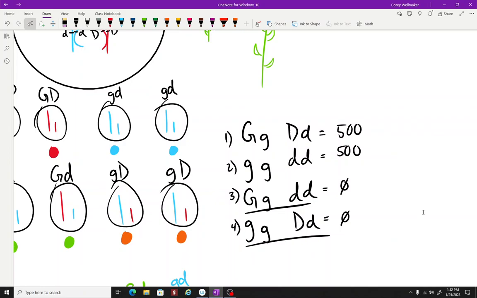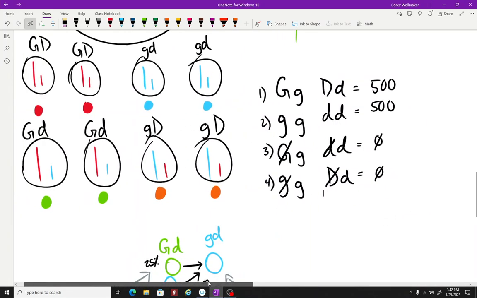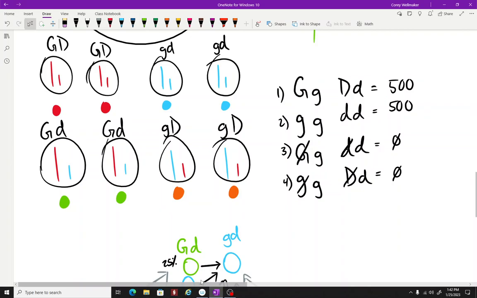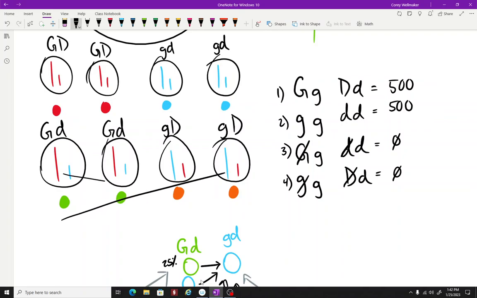Another possibility is that the heterozygous parent simply isn't making gametes with these combinations, right? So in this case, it would be like the heterozygous parent prefers making the red and the blue, but for whatever reason doesn't want to make the green and the orange combinations, right?